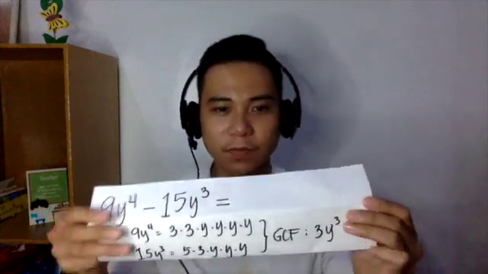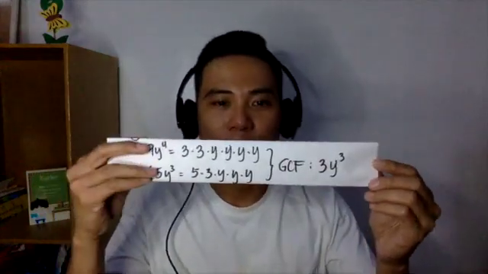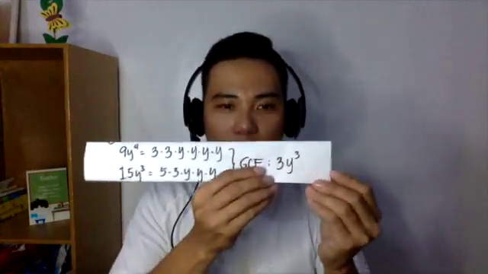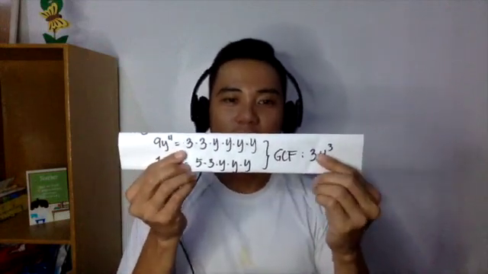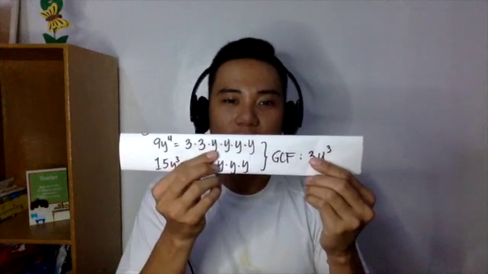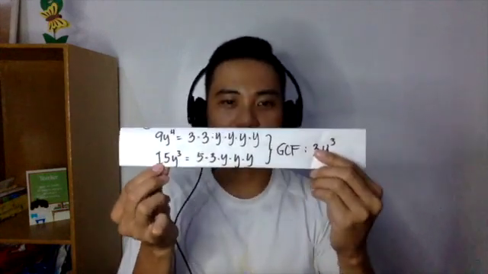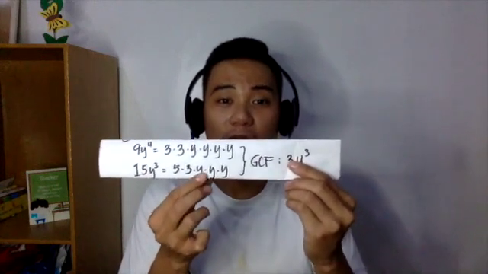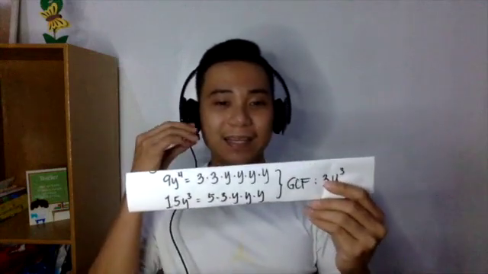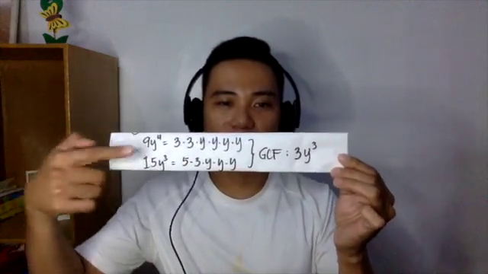To identify the GCF, let's write it down one by one. The factors of 9y to the fourth are 3 times 3 times y times y times y times y. For the 15y cubed, the prime factorization is 5 times 3, and y times y times another y. What are the common factors between the two terms?